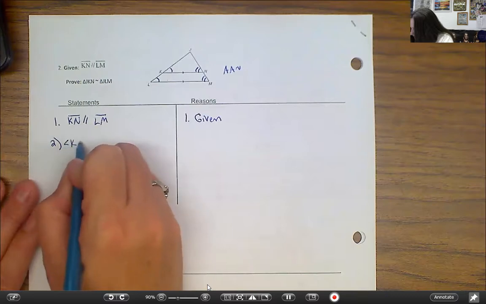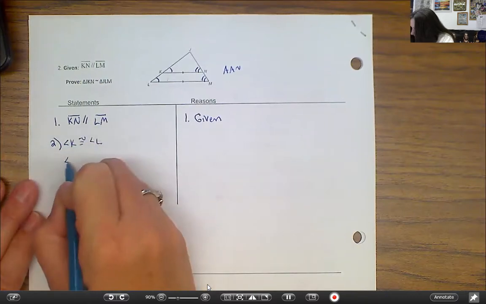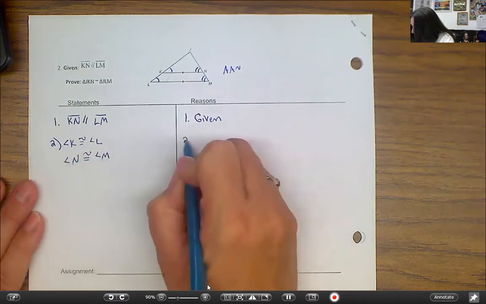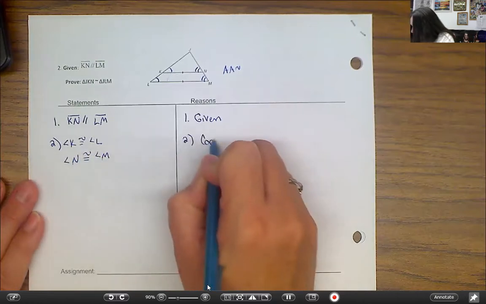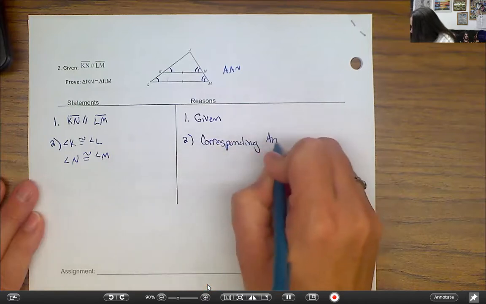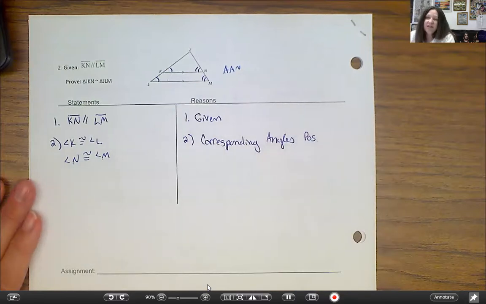So angle K has to be congruent to angle L, and angle N has to be congruent to angle M. That was our corresponding angles postulate. Or you could write that out in words: if two lines are parallel, then the corresponding angles are congruent. Sometimes you see that with words.